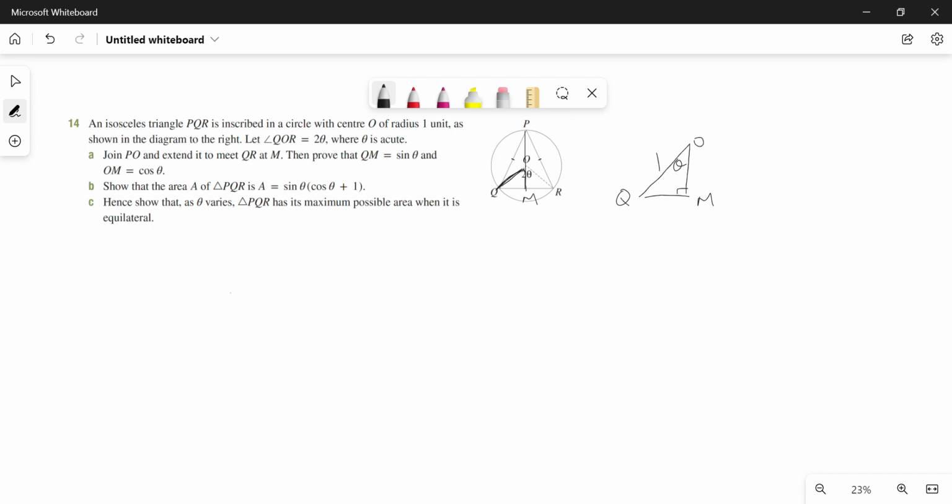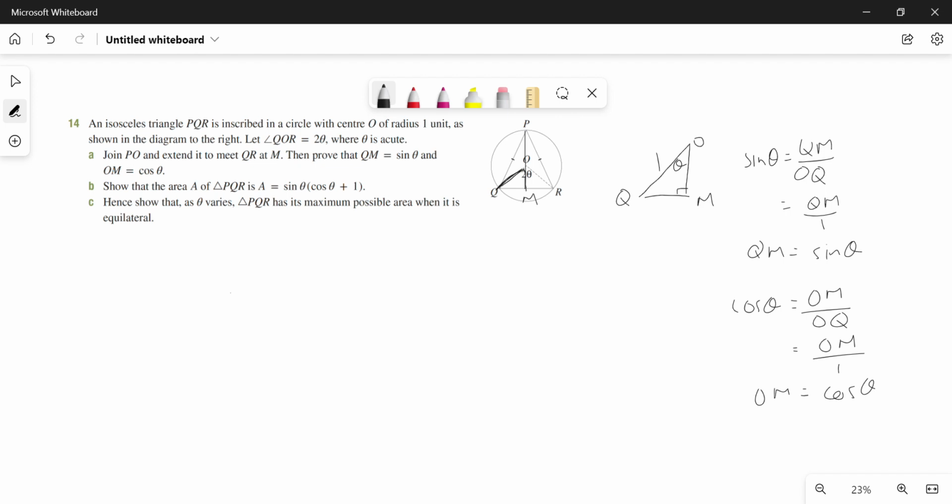So sine theta, if I'm looking at that little triangle, is QM on OQ, and that's just QM on 1. So QM is equal to sine theta. And cos theta is OM on OQ, again OQ is 1, so OM is equal to cos theta.